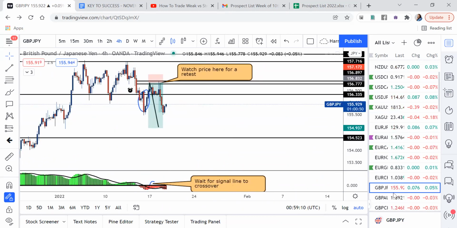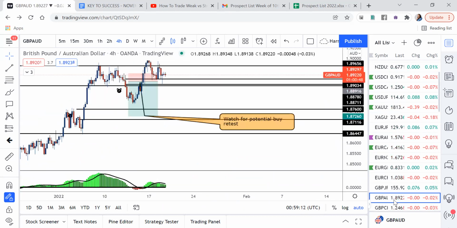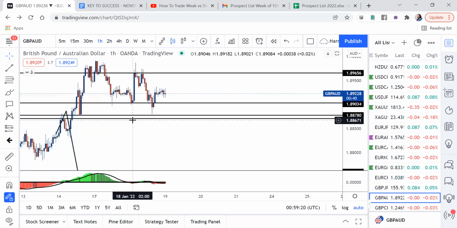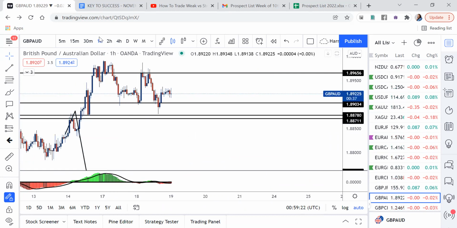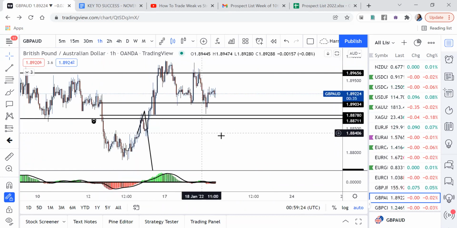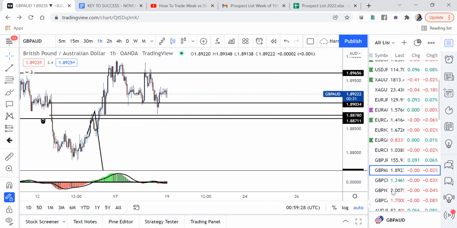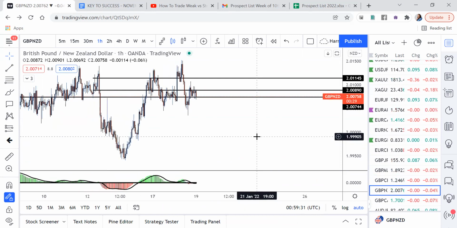No, I'm gonna leave GJ alone for now. GA. I think I'm gonna leave GA too because we have a lot of setups right now. And let me check GN and GCAD.